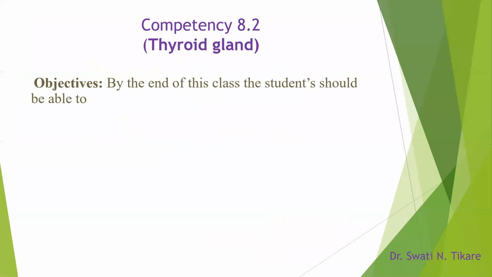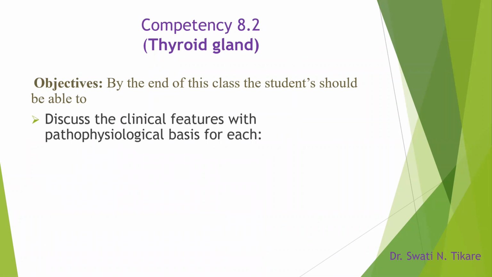So in today's class, under the competency of 8.2, as you know, we are following the CBME curriculum as per the competencies and the objectives. Today's objectives under the thyroid gland are, by the end of this class, the student should be able to discuss the clinical features with pathophysiological basis for each of them.